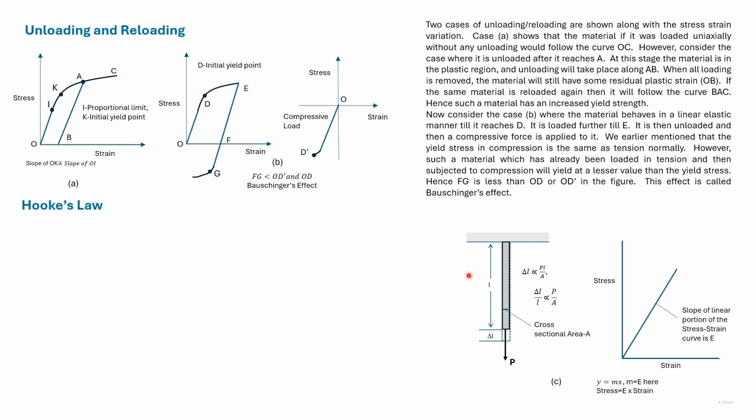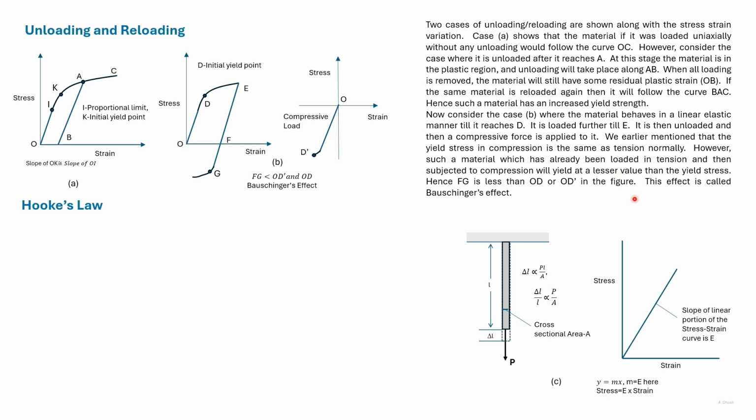Experimentally, it was found that del L is proportional to the length L and the load P, and inversely proportional to the cross-sectional area. So del L is proportional to PL divided by A, which we can write as del L by L proportional to P by A, or strain being proportional to stress.